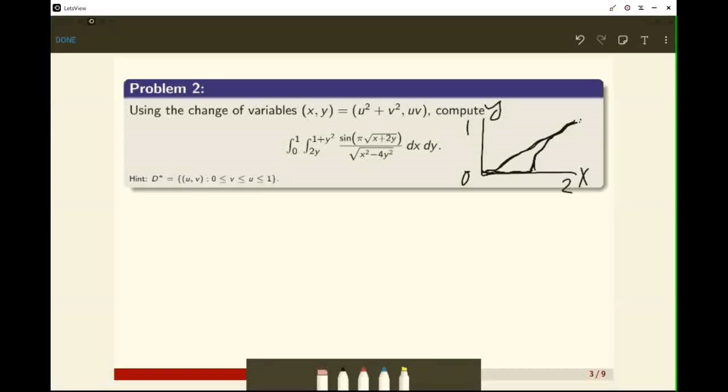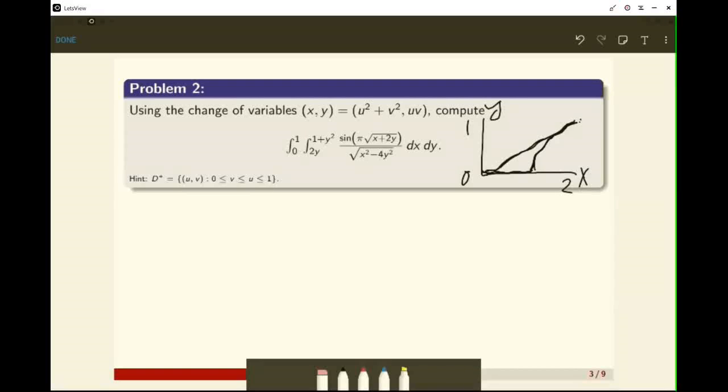So our first task here is to figure out what the region D star looks like in terms of the UV coordinates. Here I've given a description of it and a hint that it's just a triangular region in U and V. But I do want to talk a little bit about how we could see that.